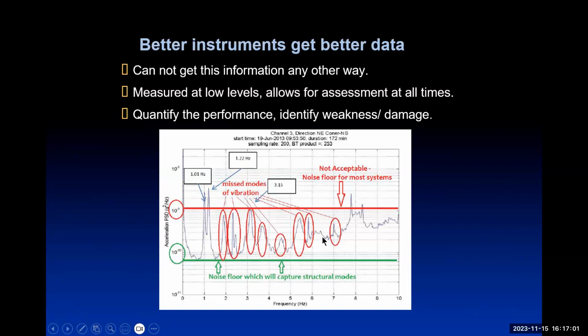So in other words, could I measure using my iPhone? No, you can't. You need a really good instrument which takes the noise floor right the way down here and shows you what these other modes of vibration are, because they are the key to identifying where the problem occurs.